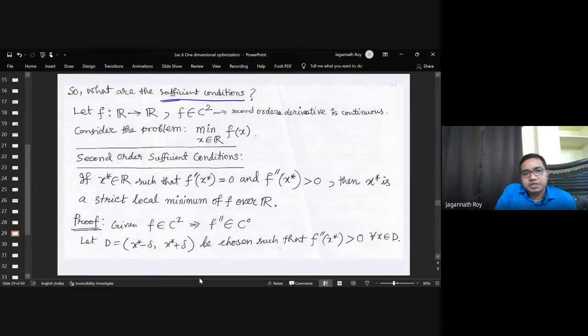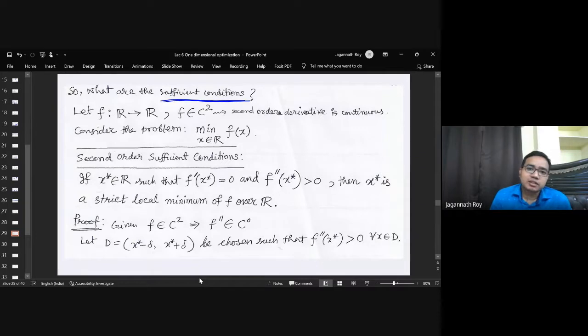So what are the sufficient conditions that will give you the guarantee? After satisfying the necessary conditions, for example in this interview problem, if you perform the interview well, or if you perform the exam very well, then there is a guarantee that you will be selected or you will get a good mark, or at least a pass mark.